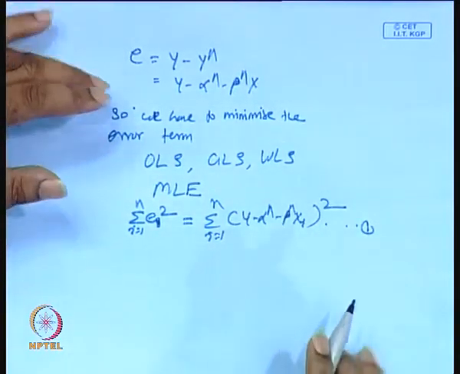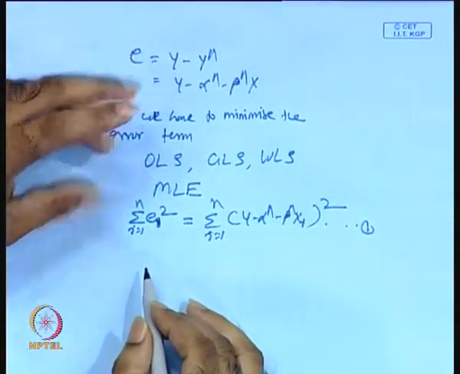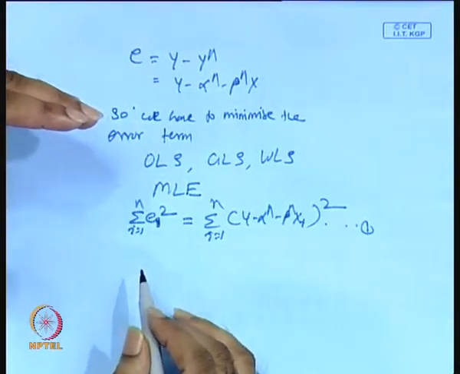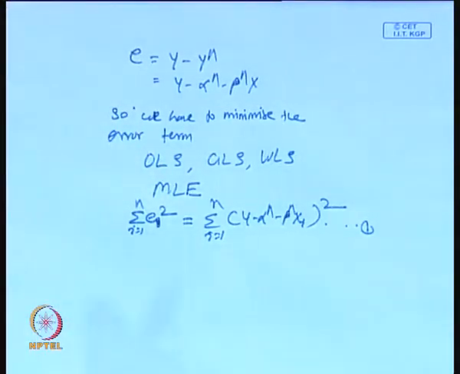Our objective is to get alpha hat and beta hat, so we have to minimize the error sum of squares with respect to alpha hat and beta hat. Okay. So, there are two parameters here. How do we minimize this? This is typically an optimization technique.